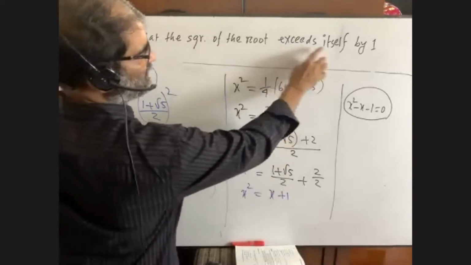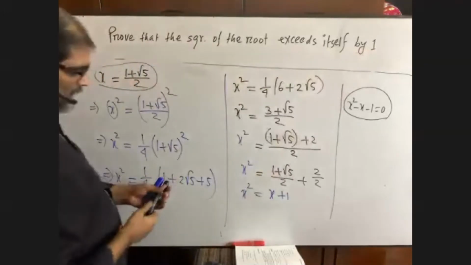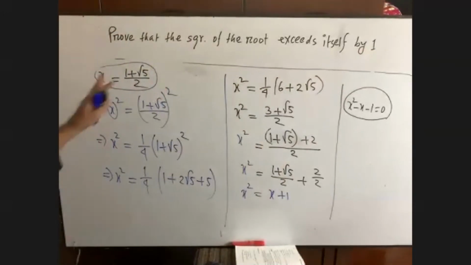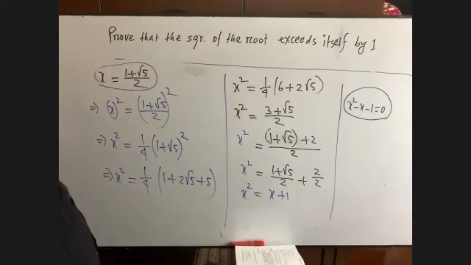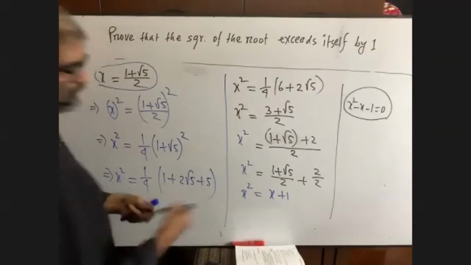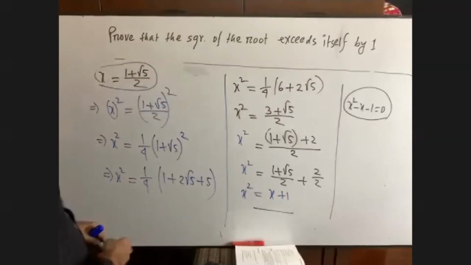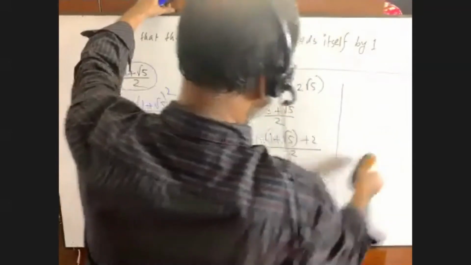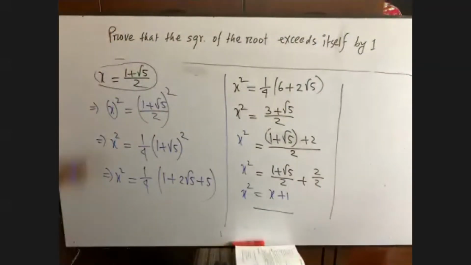That is, exceeds itself by 1. This will be given in the examination of 4 marks. And in your school and college, it is always given. And up to this, you have the answer. Okay. Now, it is proved.